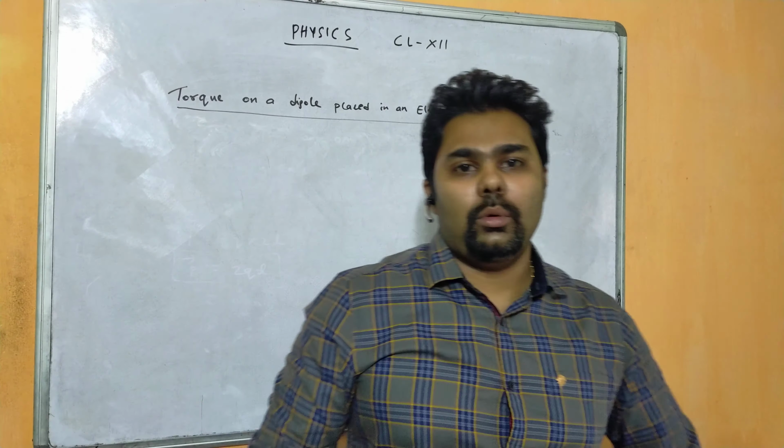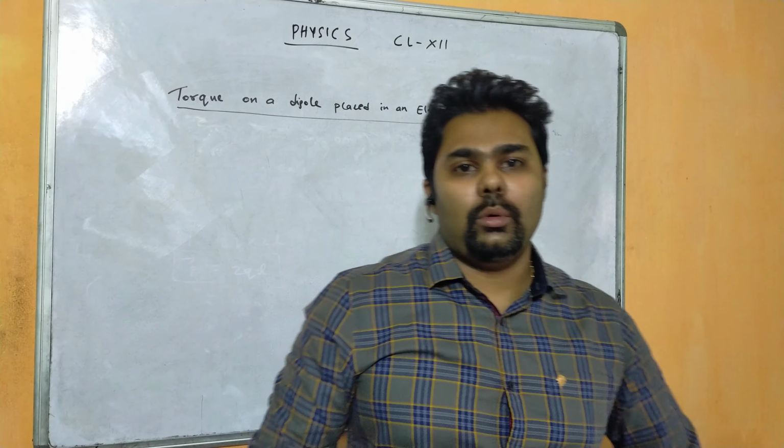As the total charge is distributed uniformly in this ring, the total length is divided into equal parts, and dq is over a length of dl. So the charge per unit length of the ring is q by 2 pi a, where a is the radius.